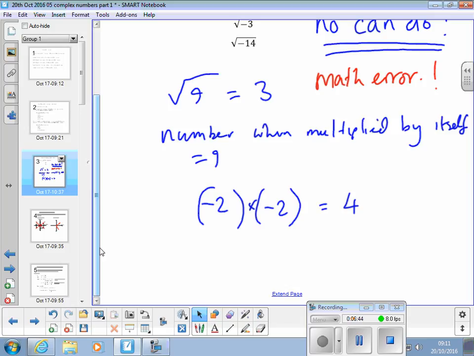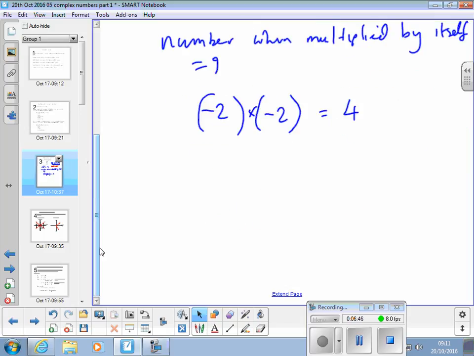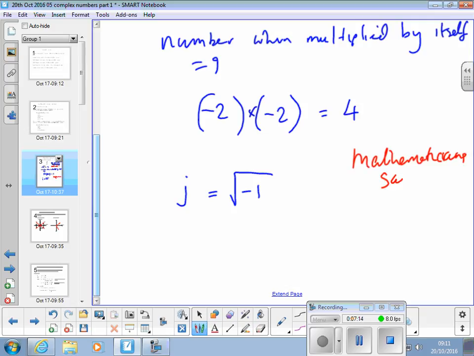So what the mathematicians do, and engineers also do but a little bit differently, is say the math operator j is equal to the square root of minus 1. Mathematicians say i is equal to the square root of minus 1.